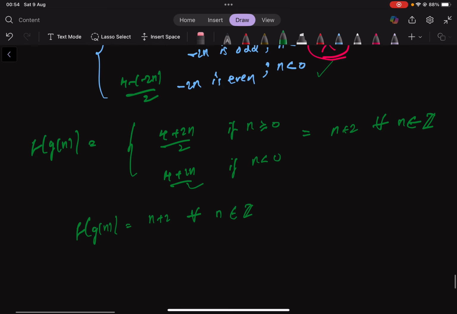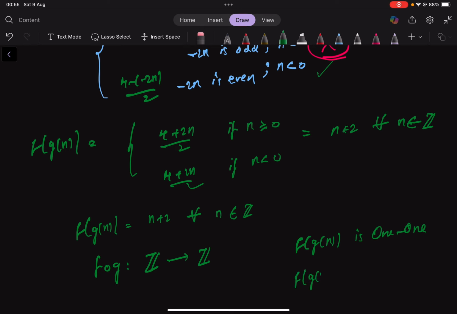If we try to understand the mapping, f of g will have a mapping from integers to integers. We can clearly see it is one-one because it's increasing for different values. As we increase the values, the function is increasing, so it's a monotonic function. That's the reason it will also be a one-one function.